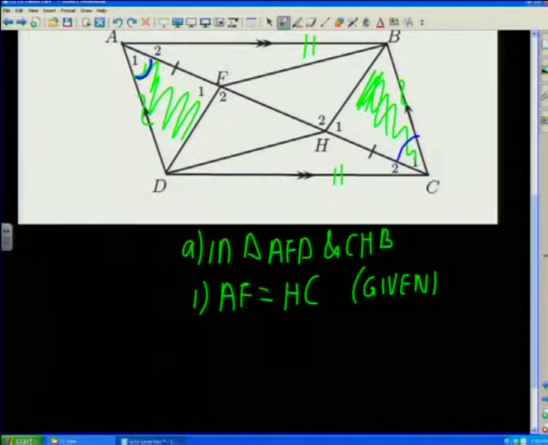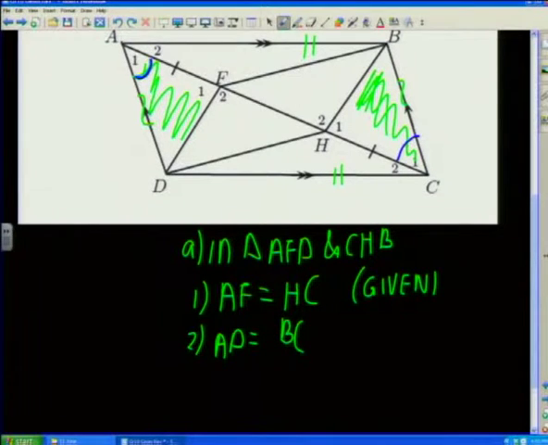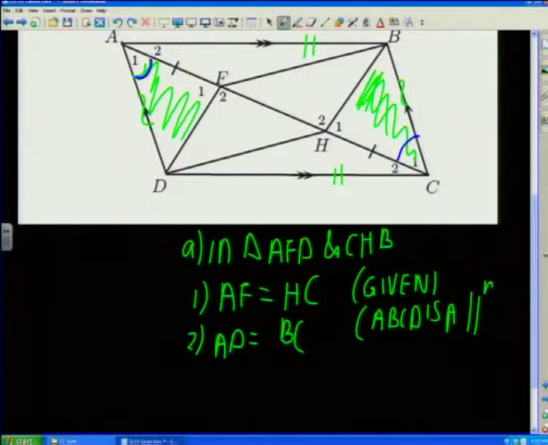We also know, second thing, AD is equal to BC. And the reason for that, ABCD is a parallelogram, so therefore it's one of the properties of a parallelogram. Since ABCD is a parallelogram, and I'm just going to abbreviate parallelogram to that symbol there. Okay, but you would generally write that out. So AD is equal to BC because it's a parallelogram.